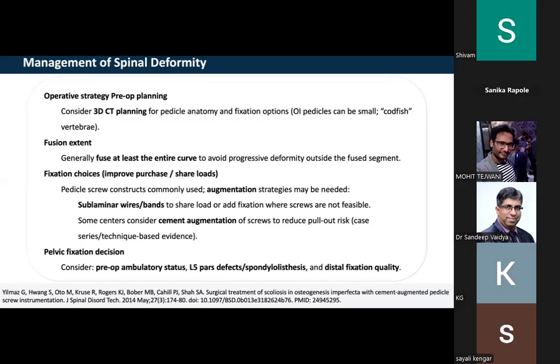Some centers have also published about using cement augmented screws in select cases. And whether or not to include the pelvis in the fixation depends on the ambulatory status of the child, the distal fixation quality, the pelvic obliquity, and if there are any issues with the L5 vertebra in terms of maybe a listhesis or a pars defect.